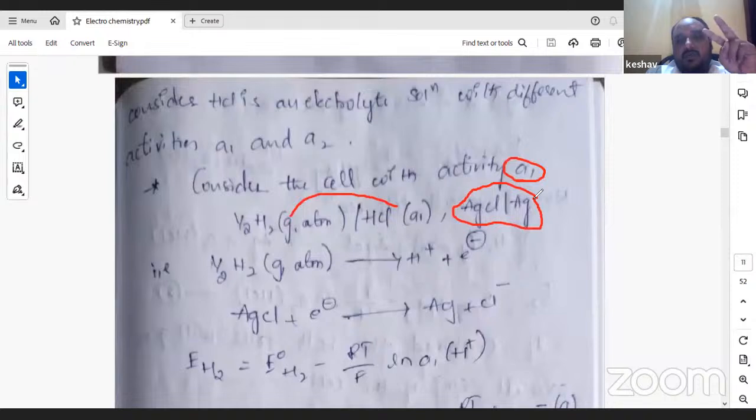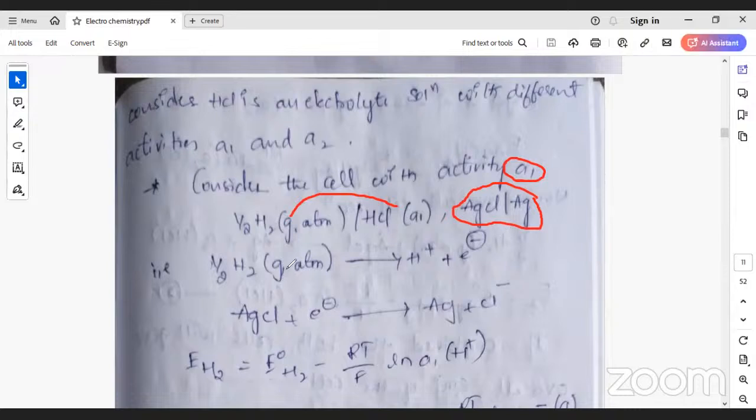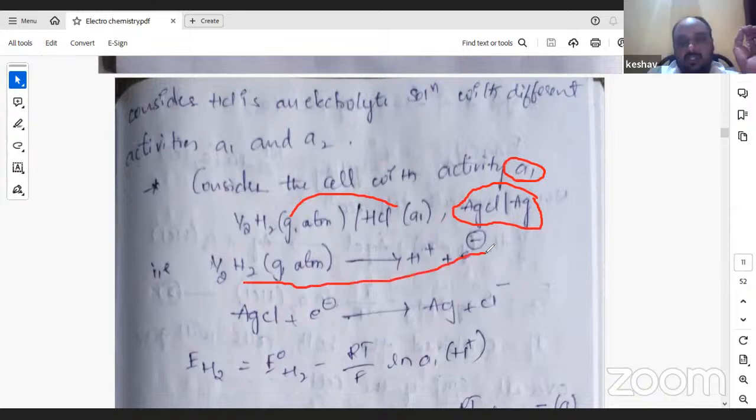Whenever two electrodes are there, one will undergo oxidation, the other will undergo reduction. Therefore, the redox reaction will take place. Hydrogen is involved in oxidation, losing one electron. That electron is gained by the silver chloride, which will give silver and Cl minus ions.